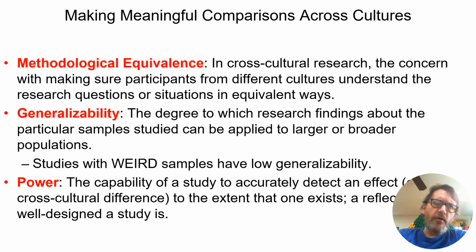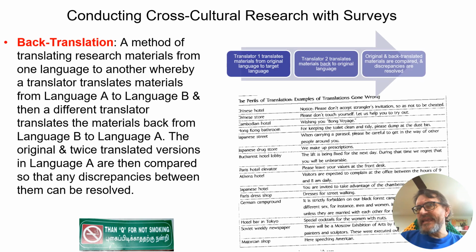So when you're doing cross-cultural research, you have to be very concerned about methodological equivalence. And that is the idea that the way one cultural sample understands the task is the same way that the other cultural group understands the task. It's not easy, but one attempt would be back translation.